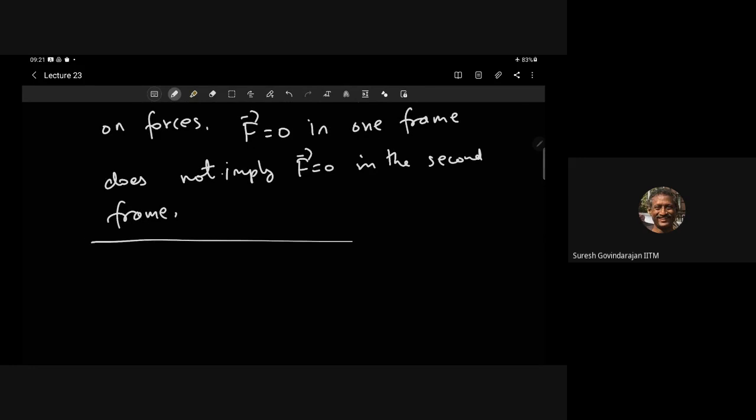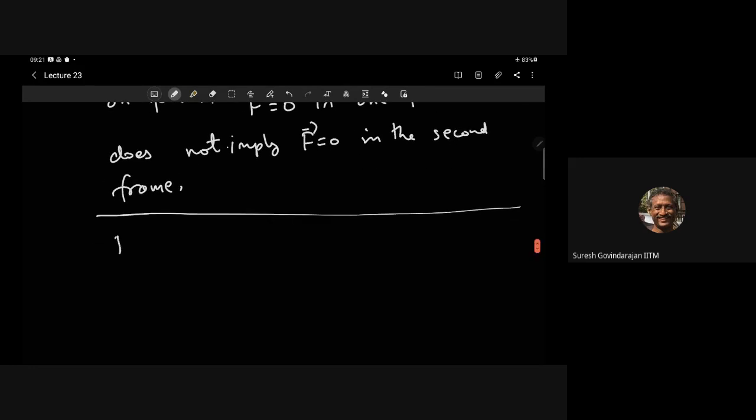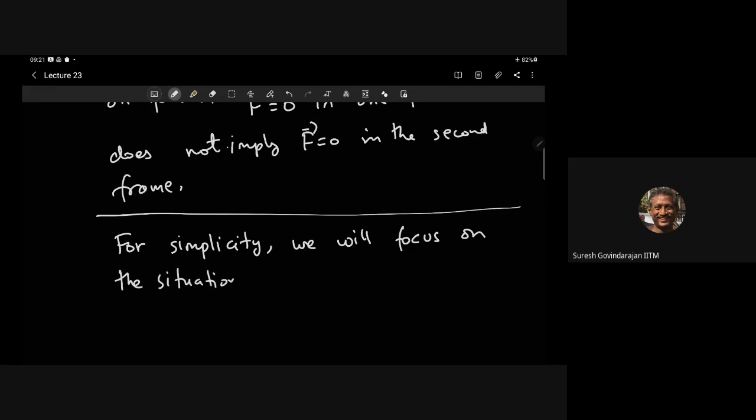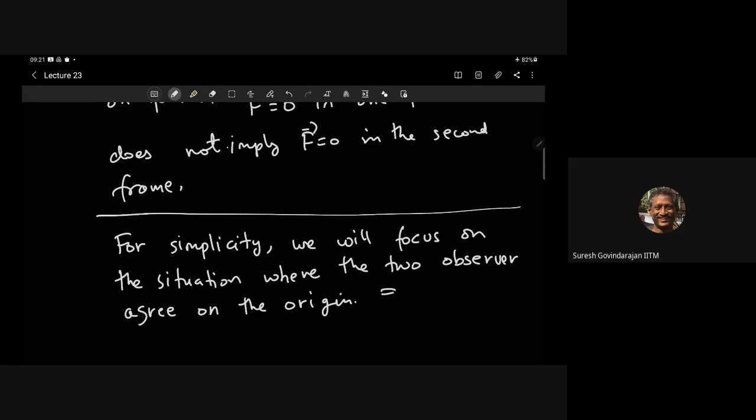So we want to do this, and for simplicity we will focus on the situation where the two observers agree on the origin. That implies that r equal to 0.